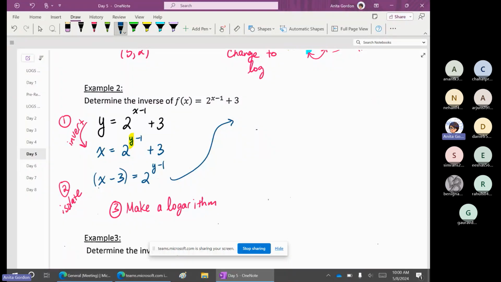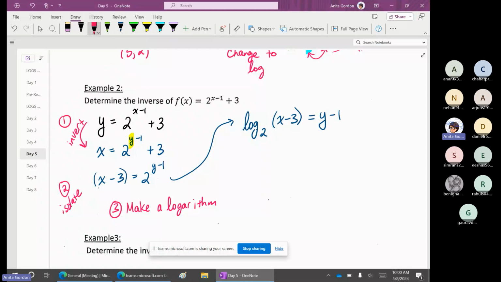The 2 is the base because it's the base of the exponent, and the exponent becomes its own thing. So this is going to be log, the base is 2, x minus 3 is on the inside now, and what's left on the other side is whatever was in the exponent.